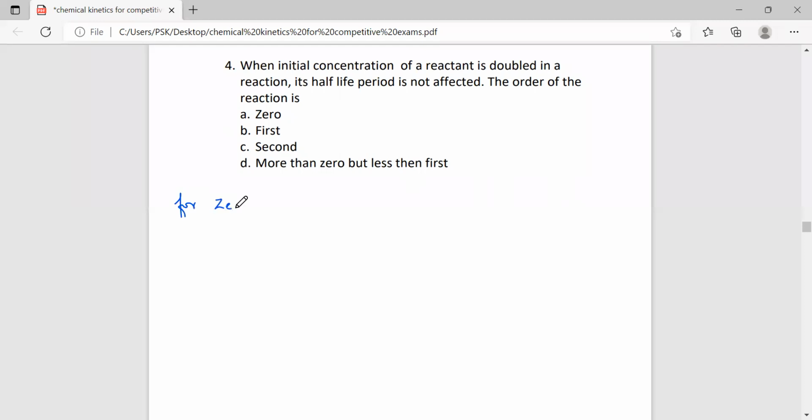You can also think for a zero order reaction, T half is directly proportional to initial concentration of the reactants.